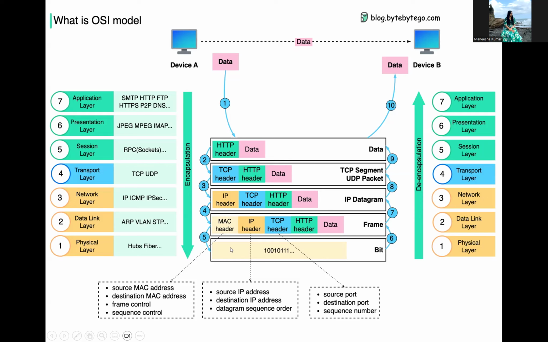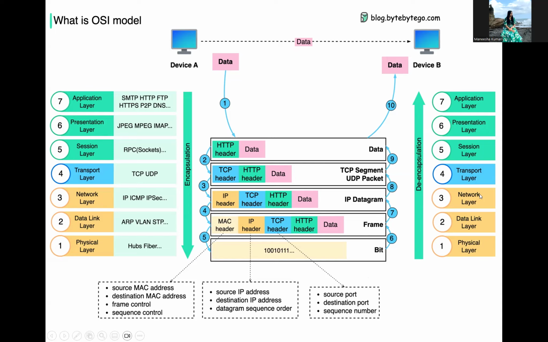Finally, at the physical layer, it gets the data in binary form, and it is transmitted through the media and arrives at the destination. And here decapsulation happens. At the data link layer, it will check the MAC address and see, yes, it's my MAC address.